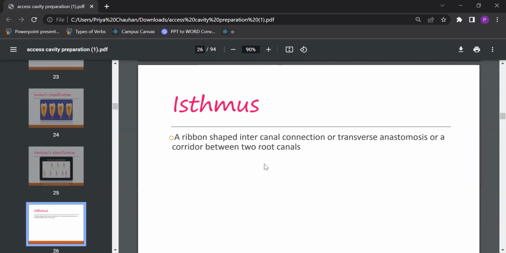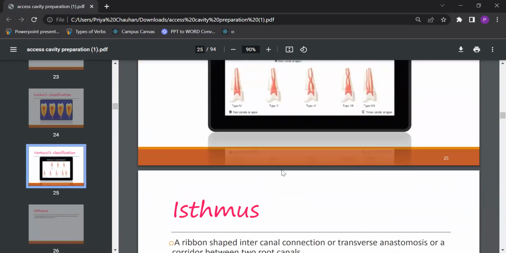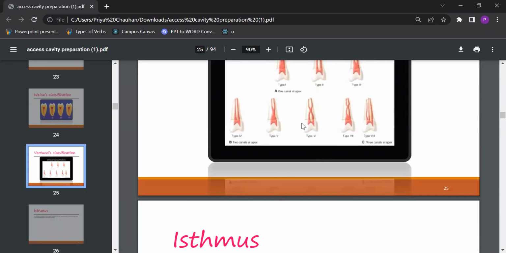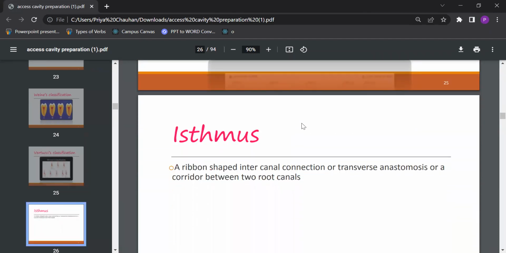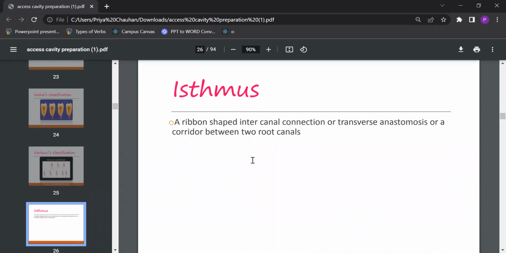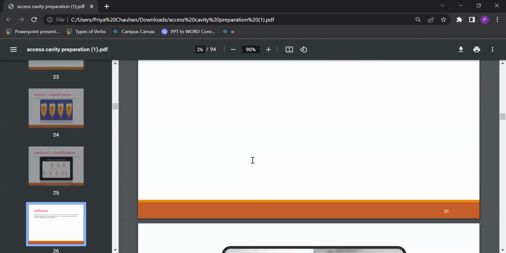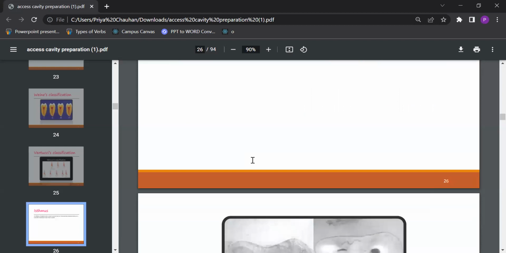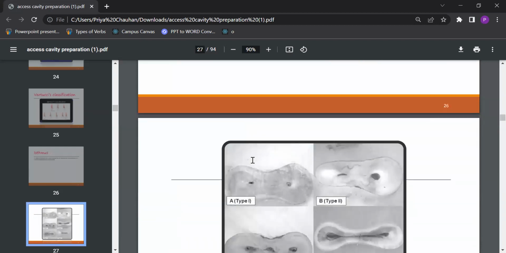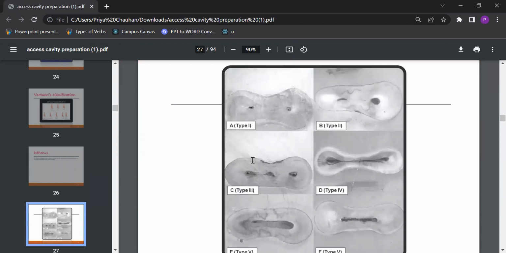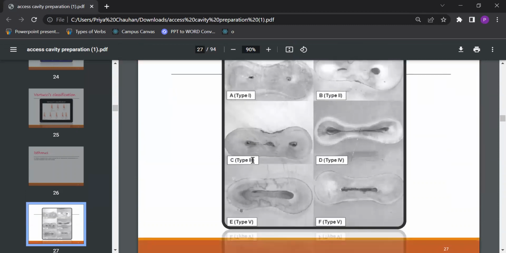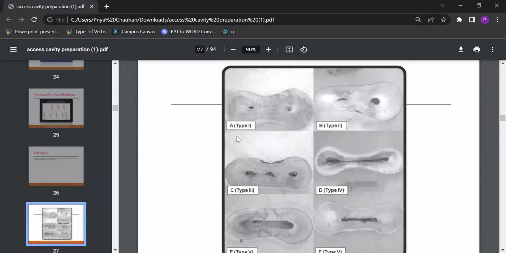So this is a corridor between two canals. ठीक है. जब भी कोई कैनाल को बीच से कोई चीज जोड़ रही है, this is also known as isthmus. See the diagram? Type 1, type 2, type 3, type 4, type 5, type 6. This one. This one.